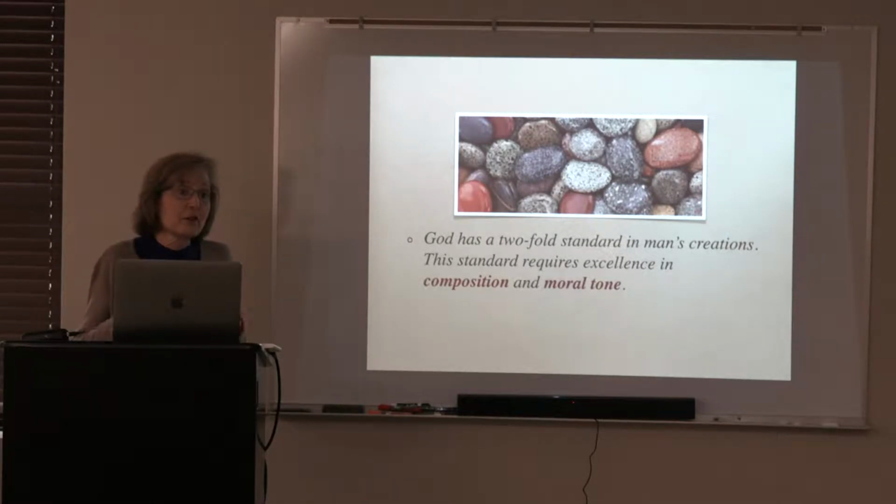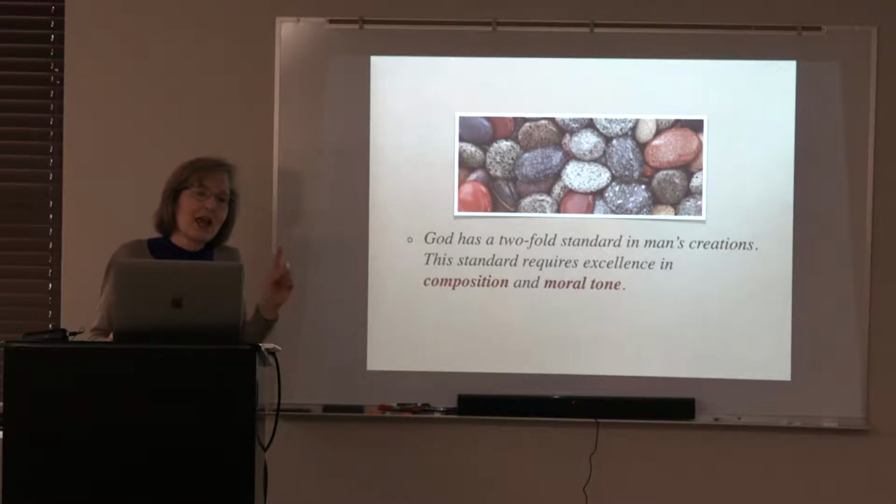But God does have a twofold standard in our creations that we create for aesthetic pleasure. This standard requires excellence in these two things: composition and moral tone. Those two areas are very important.